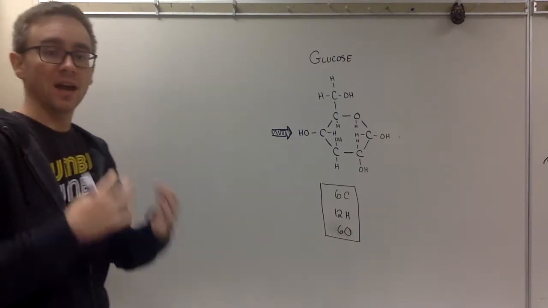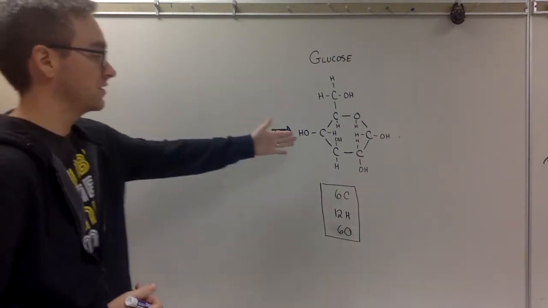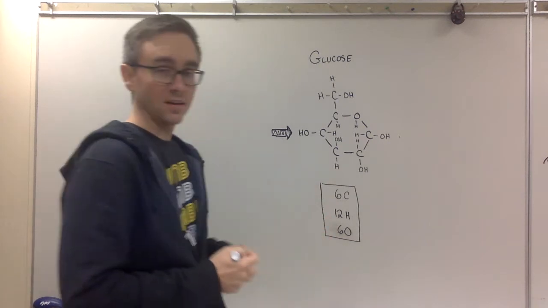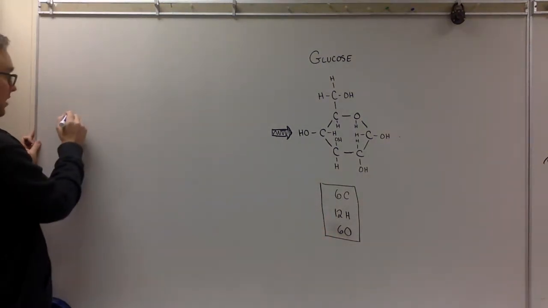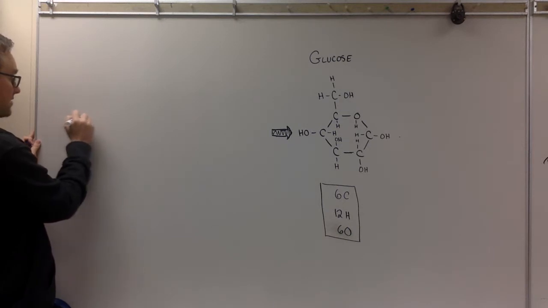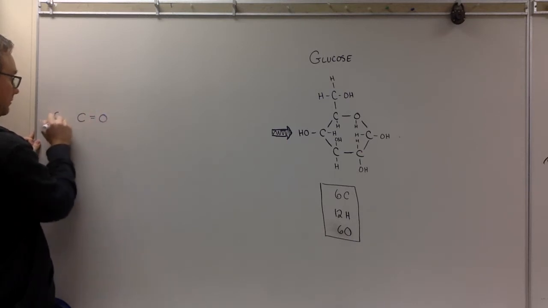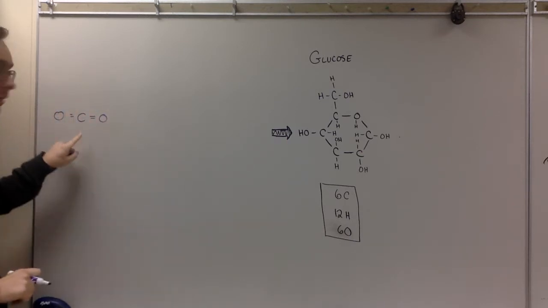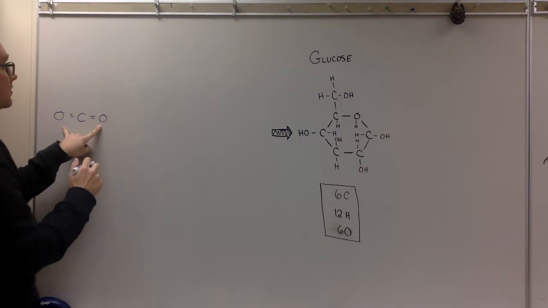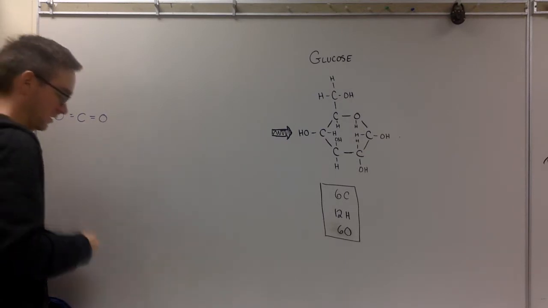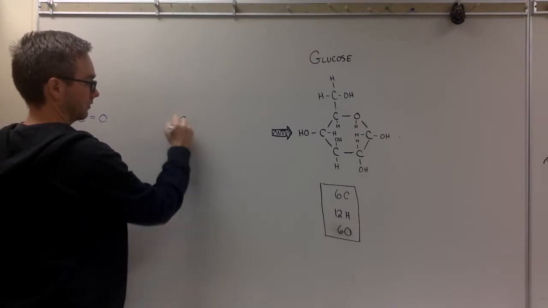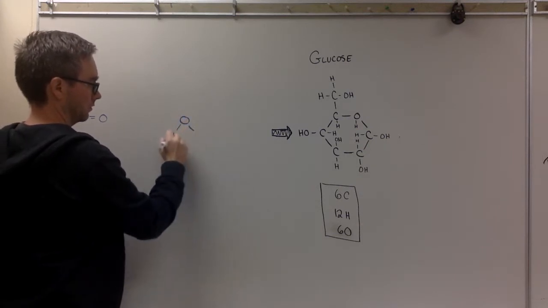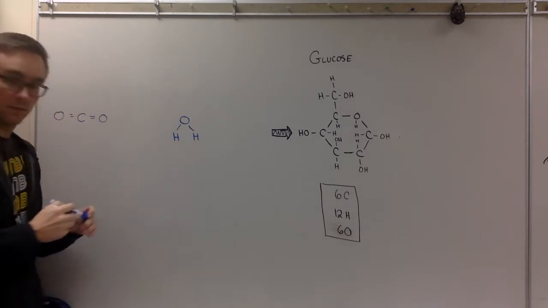Considering the only atoms we're using to build this are carbon, hydrogen, and oxygen, the resources we have to do this are carbon dioxide, which is a carbon double bonded to 2 different oxygens, and to help make this, we have water.